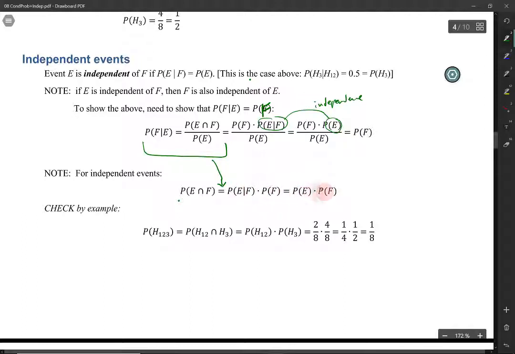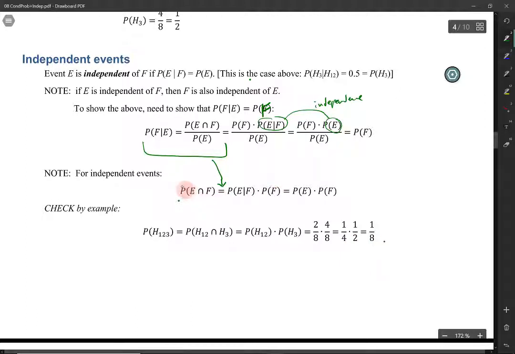You don't have to condition on anything, right? So you can check the probability of all heads is equal to the probability of H1 and H3, so the probability of that times the probability of that. So 2 out of 8 times 4 over 8 actually gives 1/8.